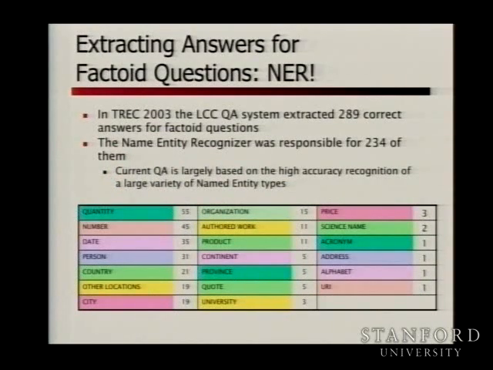So a crucial part of the system is this pairing of answer types and named entity recognition of those types. In fact, that's a huge proportion of what the LCC system does. In the 2003 system, the LCC system got 289 correct answers for factoid questions, a little bit under 60% correct. And of those 289 questions, 234 were gotten correct essentially by this pairing of answer type prediction and named entity recognition to find the right answer inside a passage.